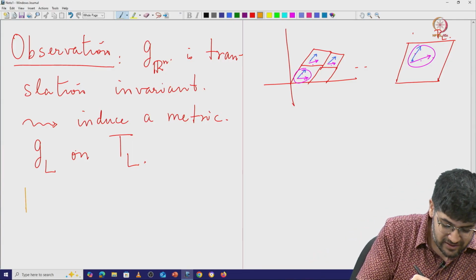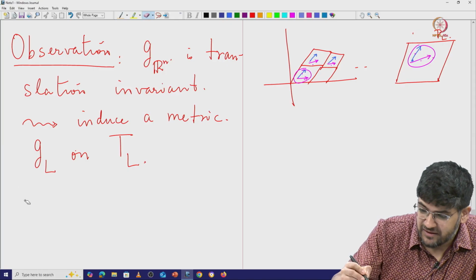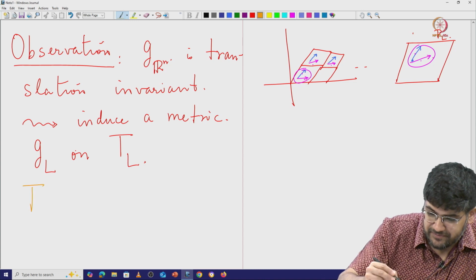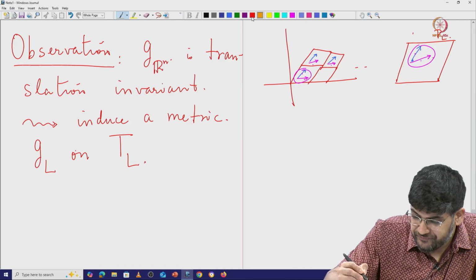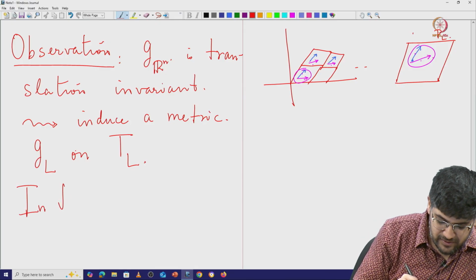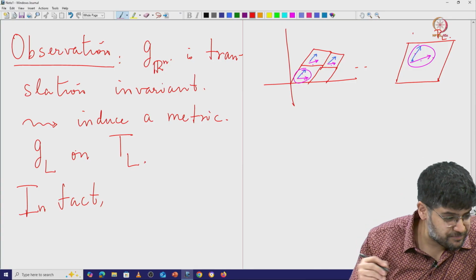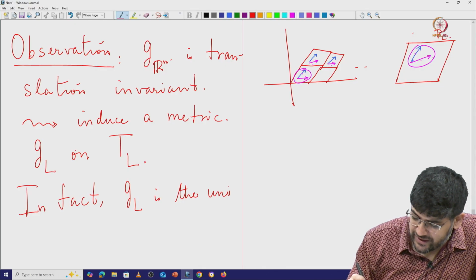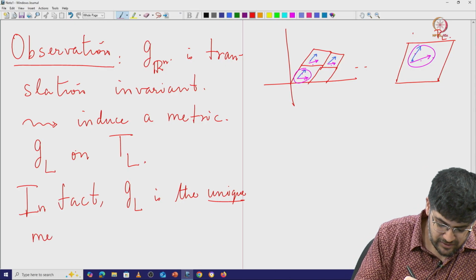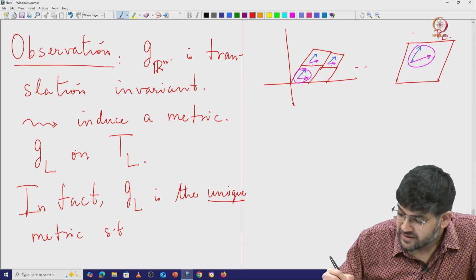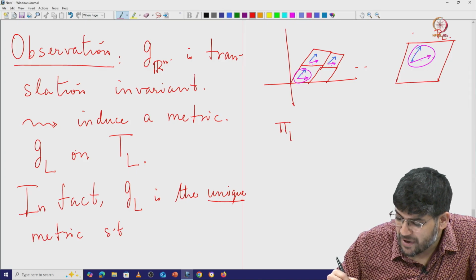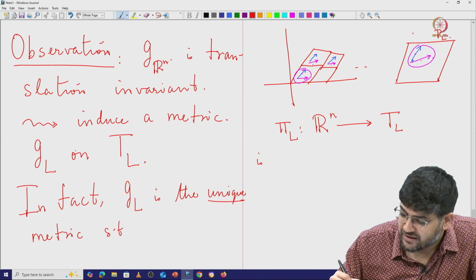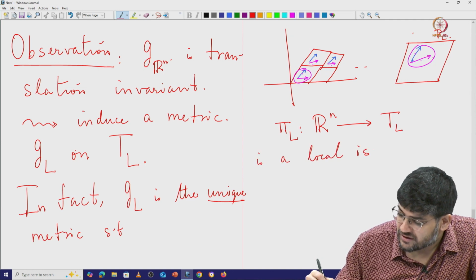And in fact G_L is the unique metric such that pi_L, which was, remember, this natural projection from R^n to T_L, is a local isometry.